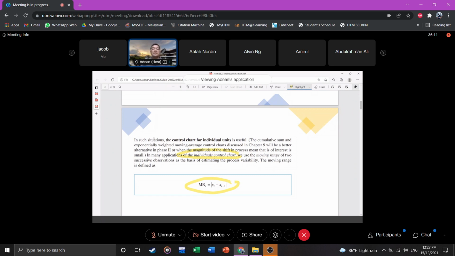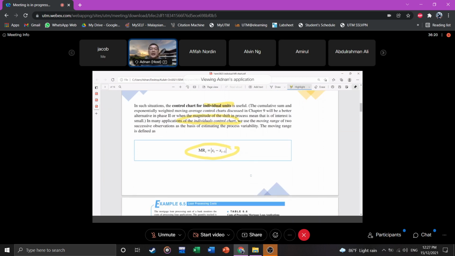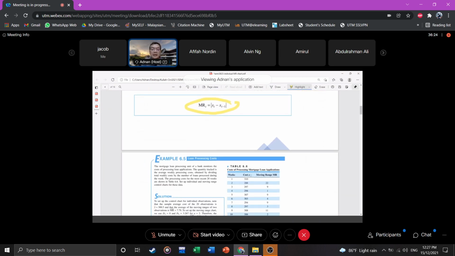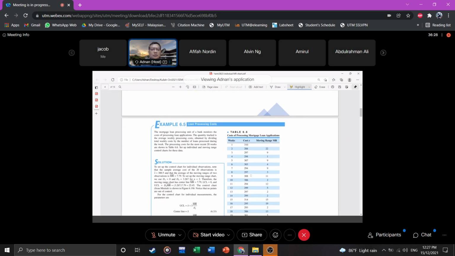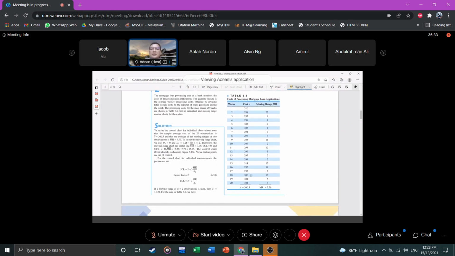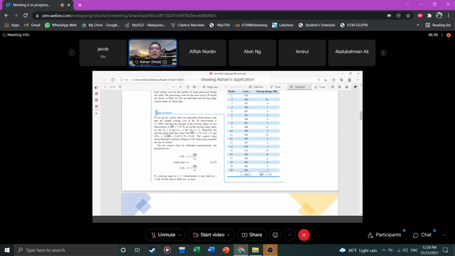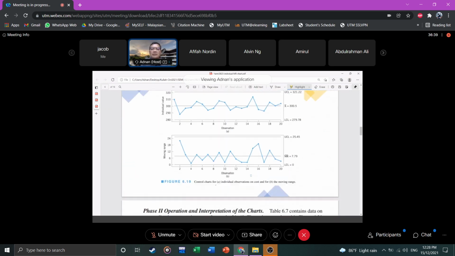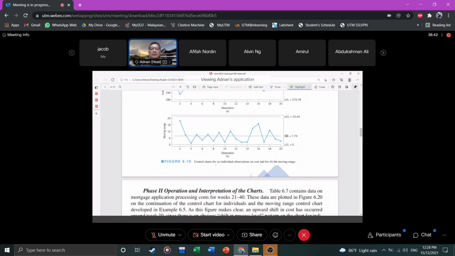Previously we also had this control chart for individual units, but of course it's not as good as the individual UMA. But that is a method people used before they were able to use the individual UMA. Here we have the moving range and X values plotted. This is our individual values, not the mean value.